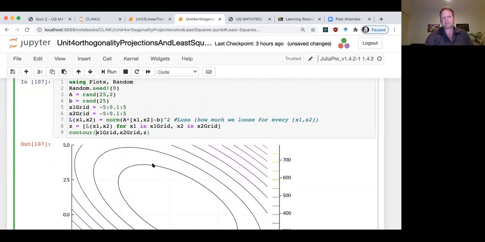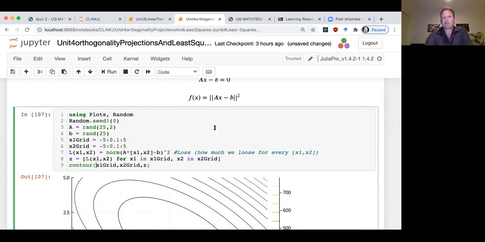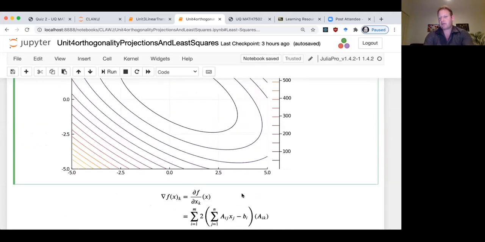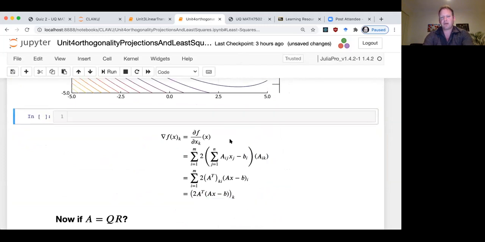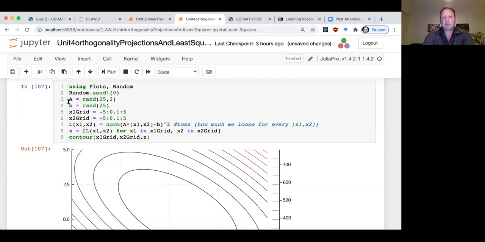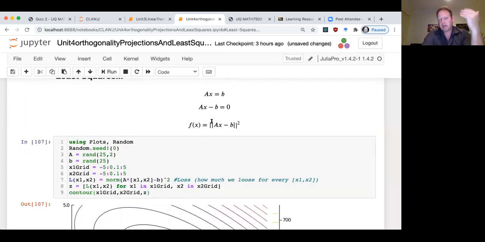So if we want to minimize the loss, let me give you first just the solution, because we won't manage to do derivatives and things like that this week. You want to minimize this loss over x.